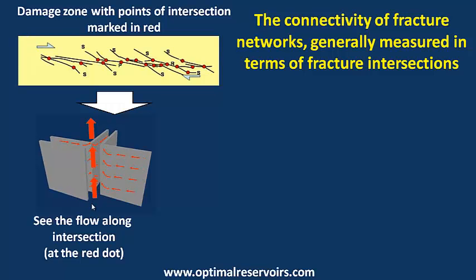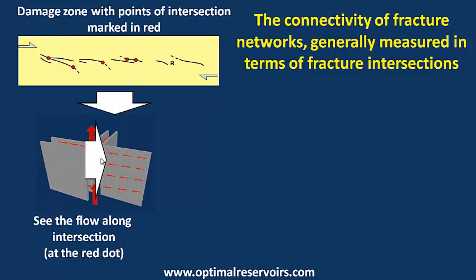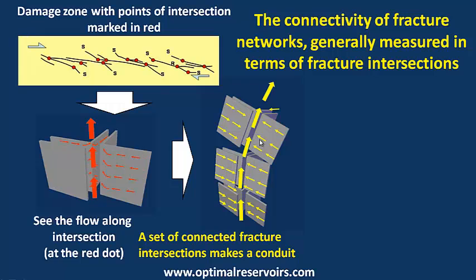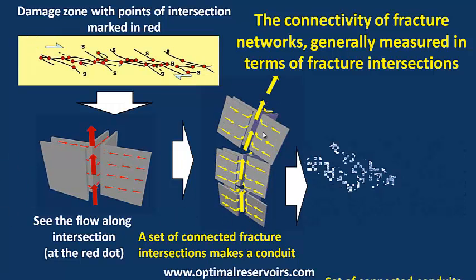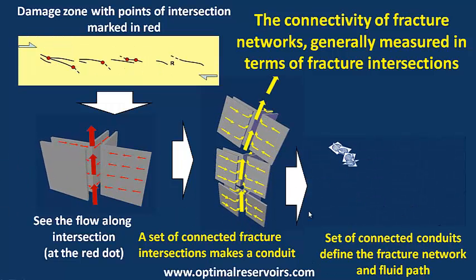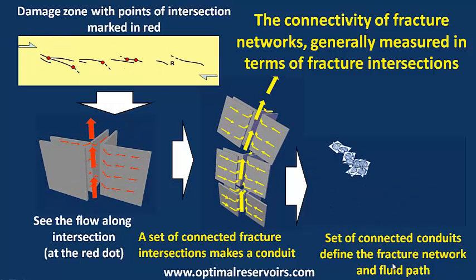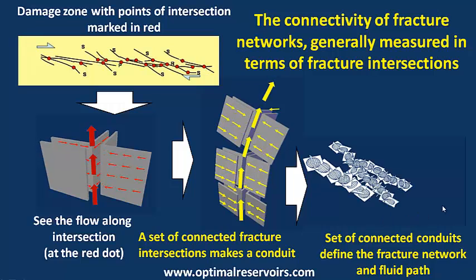See the flow along intersections. A set of connected fracture intersections makes a conduit. A set of connected conduits defines the fracture network and fluid path.